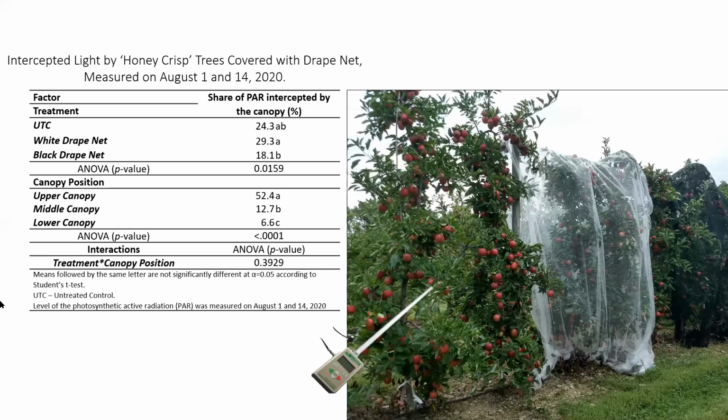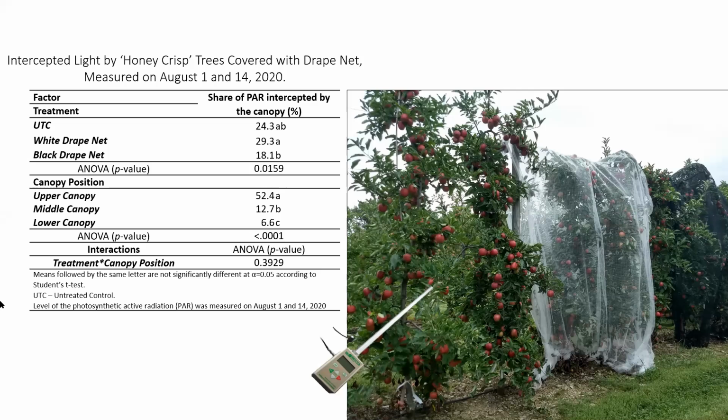And on this graph, we measured photosynthetic active radiation. The abbreviation PAR stands for that. Photosynthetic active radiation was measured with a ceptometer on 2 occasions, August 1st and August 14. Again, we see the treatment and canopy position can influence the share of photosynthetic active radiation intercepted by the canopy.